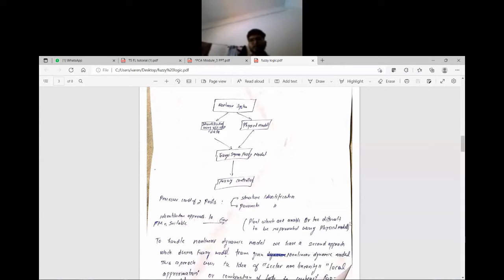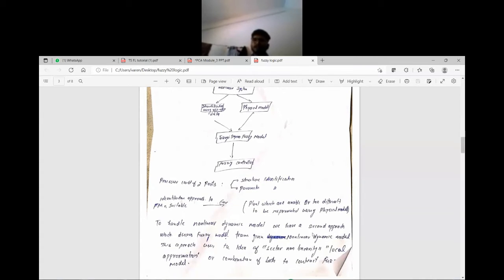The two main parts which we have to calculate here are structure identification and parameter identification.